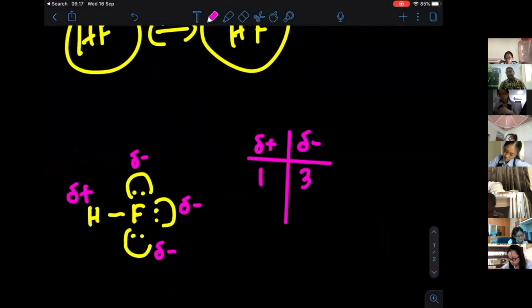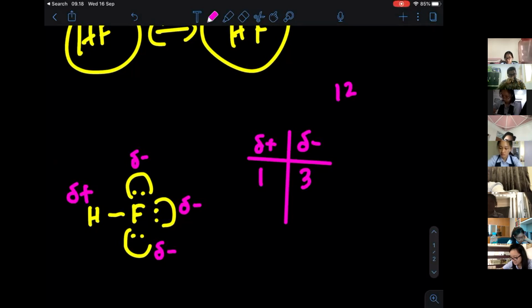Imagine you go to a party now, and instead of having a lot of girls, you have a lot of guys. Let's say 3 guys and 1 girl. It's the same concept, 3 guys and 1 girl, that is going to be the ratio. Of course, you don't go to a party of 4 people, so let's say you go to a party with 12 people involved. It means let's say 4 molecules of each HF.